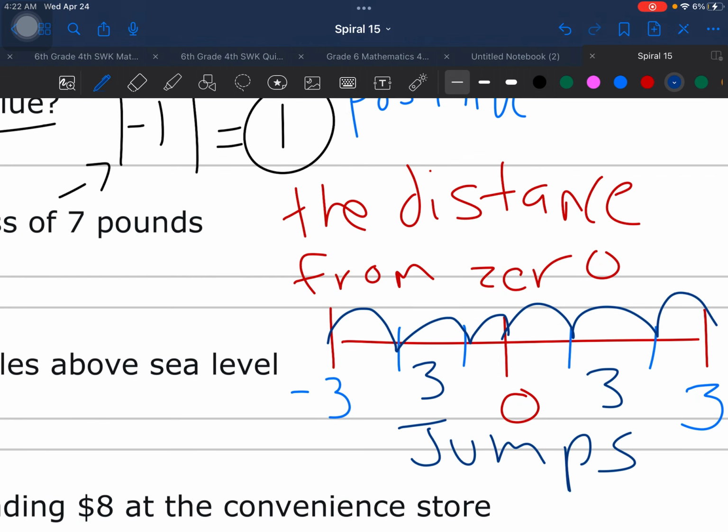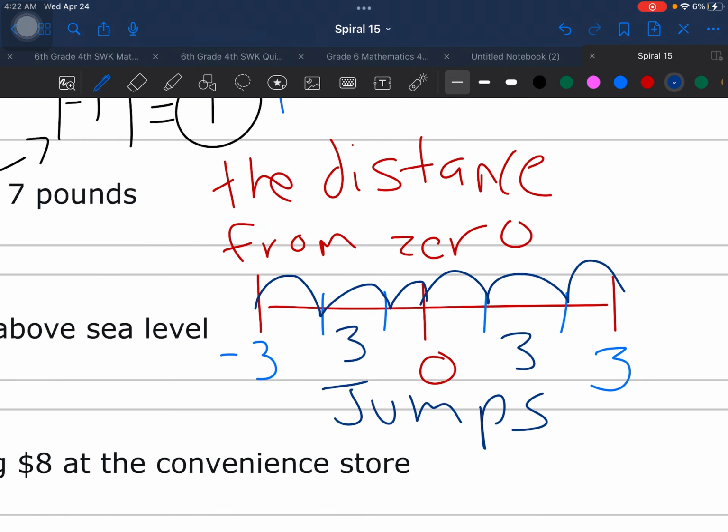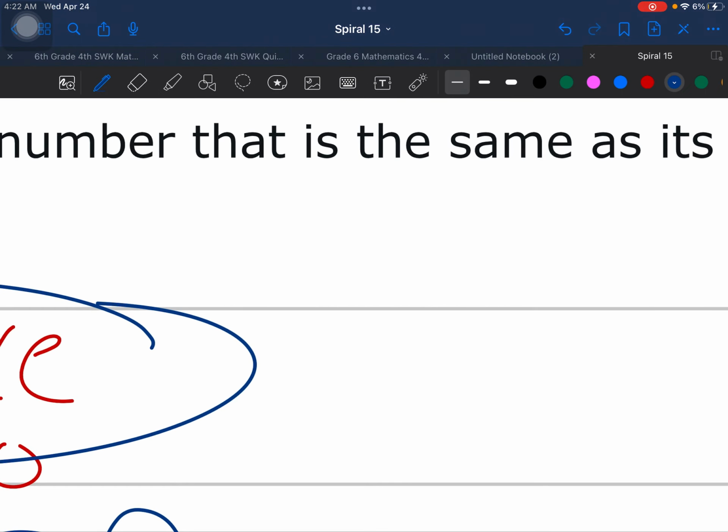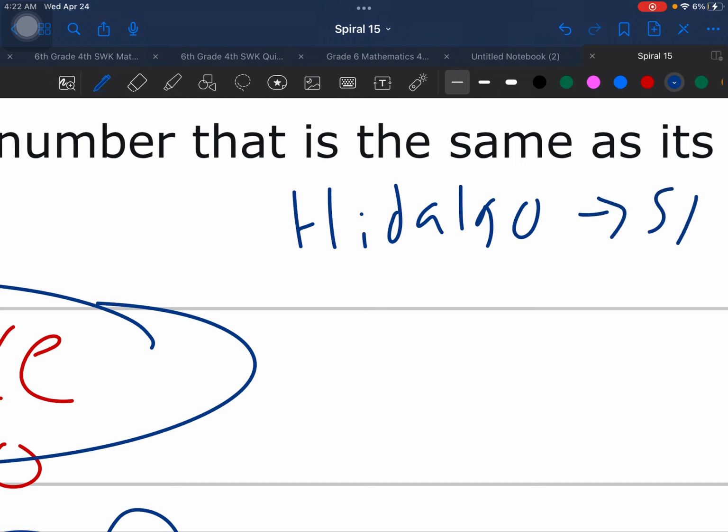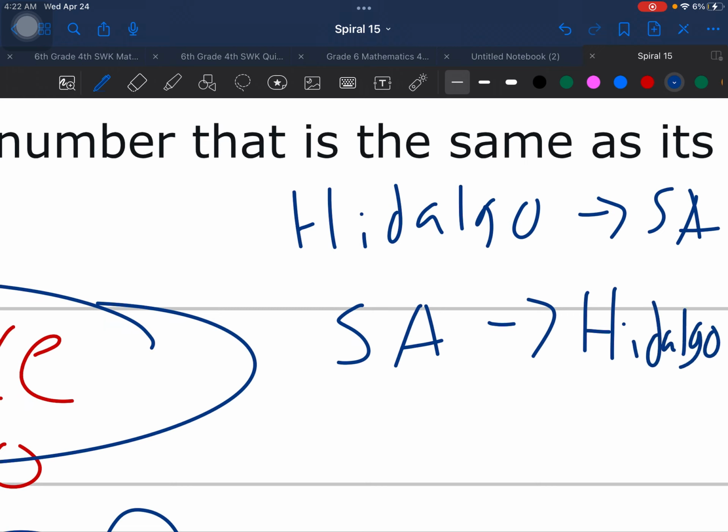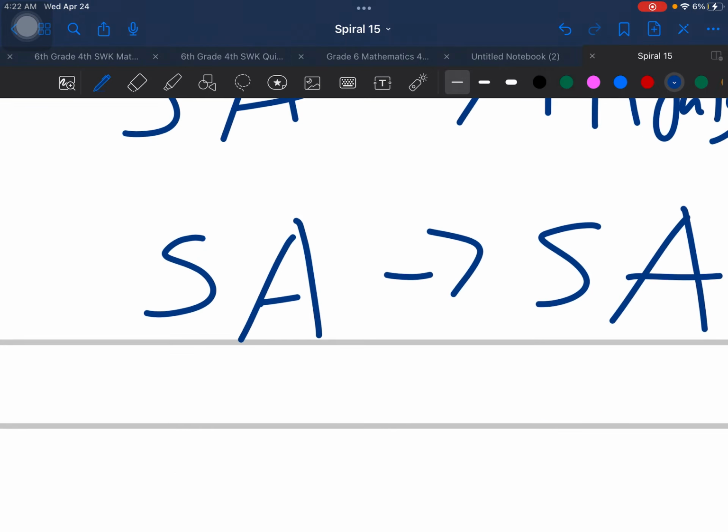Does it matter if it's going to the right or to the left, if it's positive or negative? No, because distance from here to San Antonio, Hidalgo, is the same thing as San Antonio to Hidalgo, the same miles. And from San Antonio to San Antonio, sometimes it takes an hour. When you start driving, you'll get that joke.